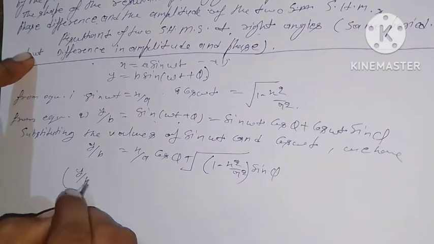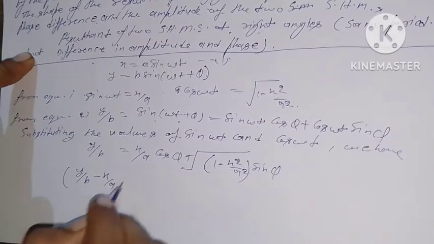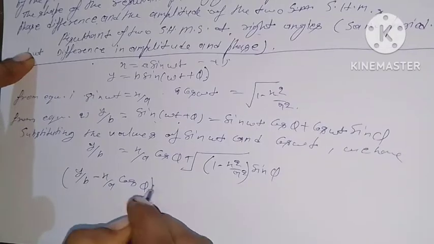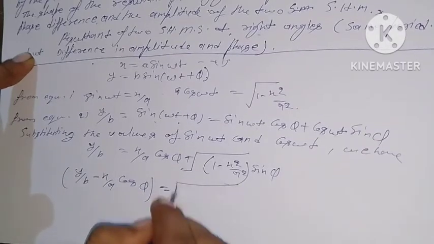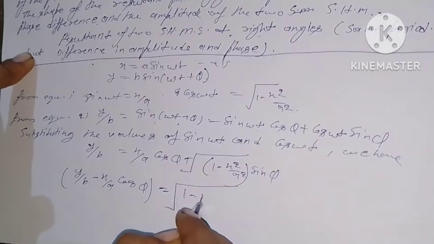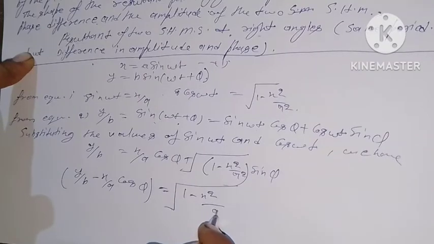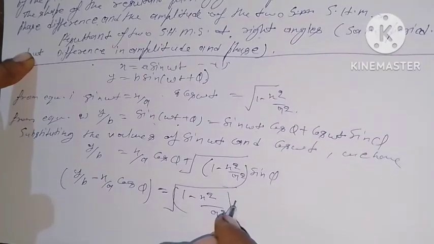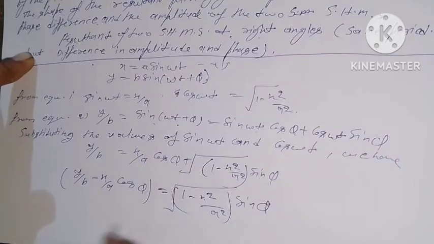Then y upon b minus x upon a cos phi equal to under root of 1 minus x square upon a square sin phi.